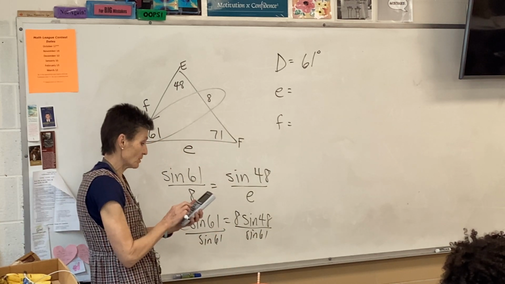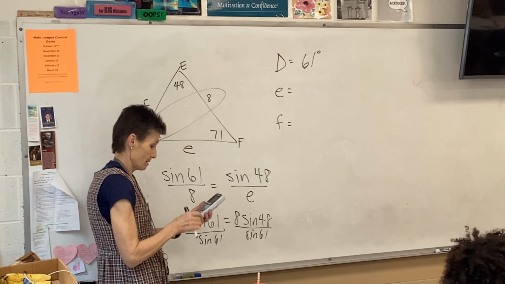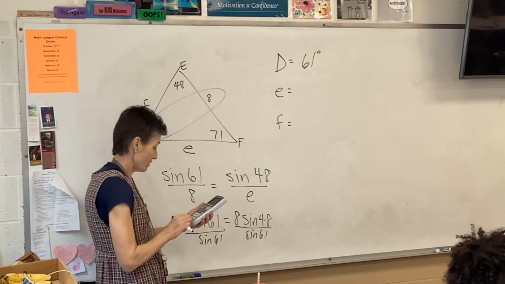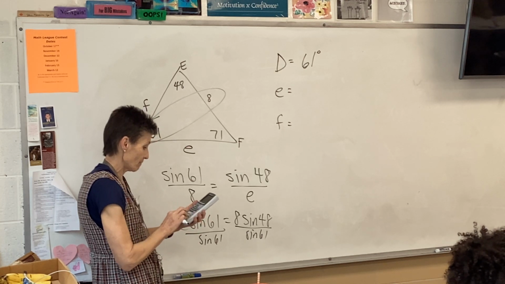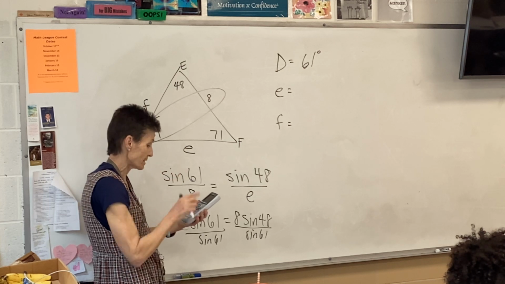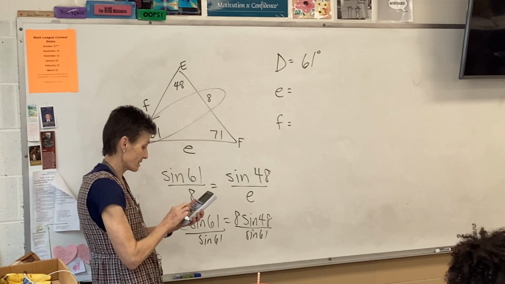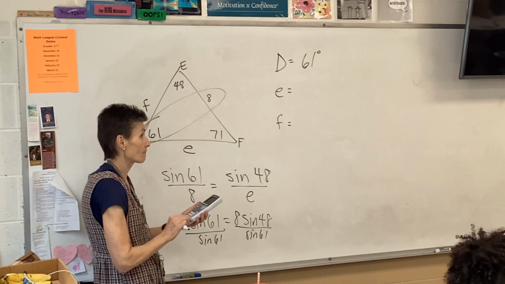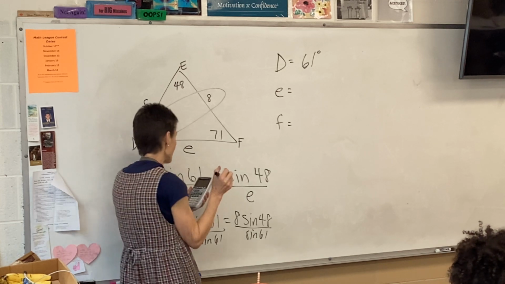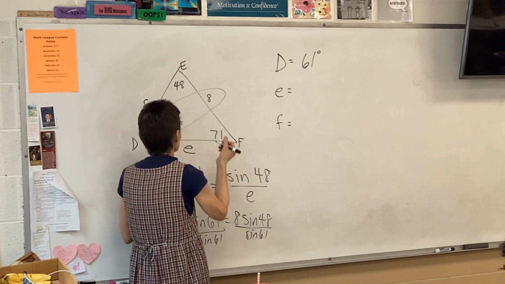So make sure I'm in degrees. And then 8 sine 48, close parentheses, divided by sine 61. Did you get 6.80?